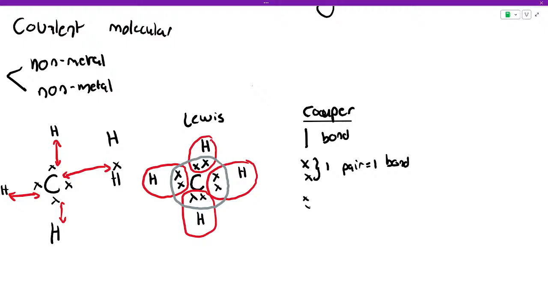If I was sharing four electrons in total, then it would be a double bond, which is two pairs, meaning two bonds. So in this case, hydrogen and carbon are sharing one bond with each other. When we indicate this, it's going to look like this here. And it's optional to draw the valence electrons, either way it's right. Okay, does everyone understand covalent molecular?